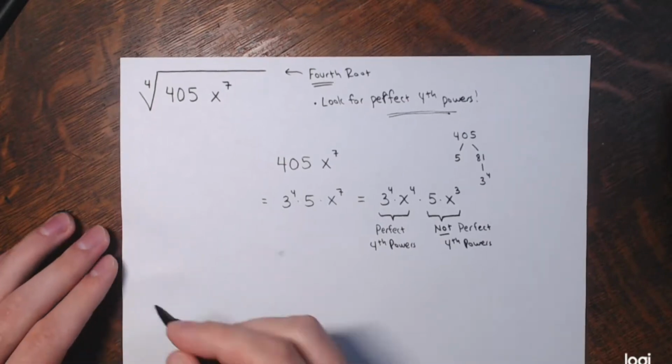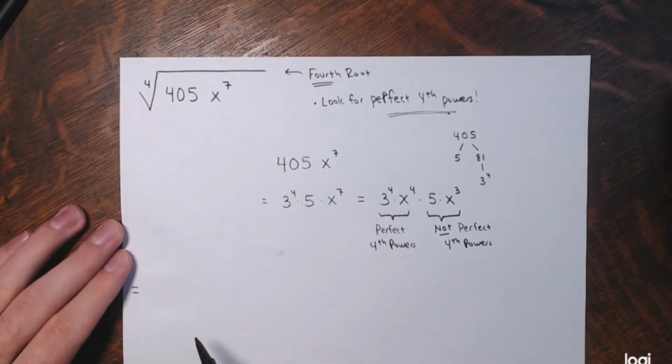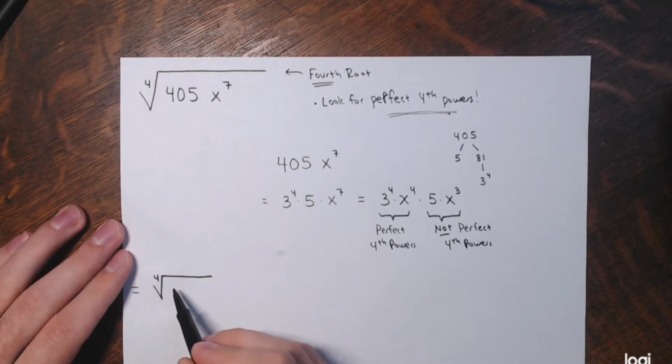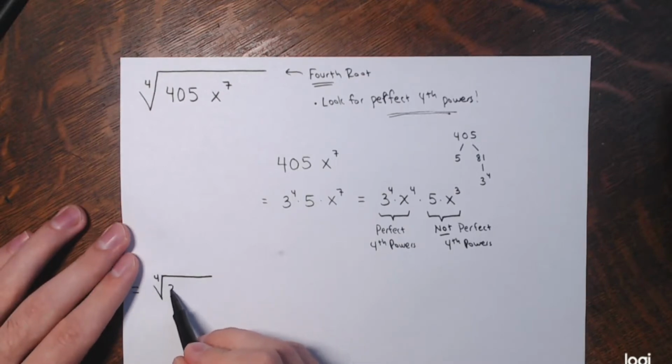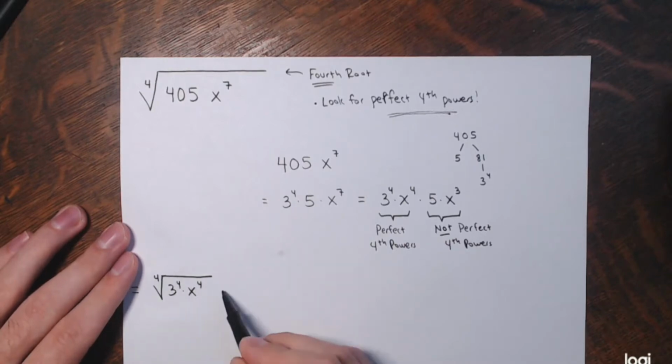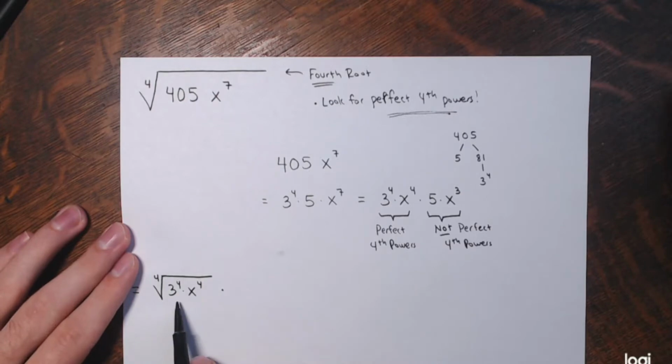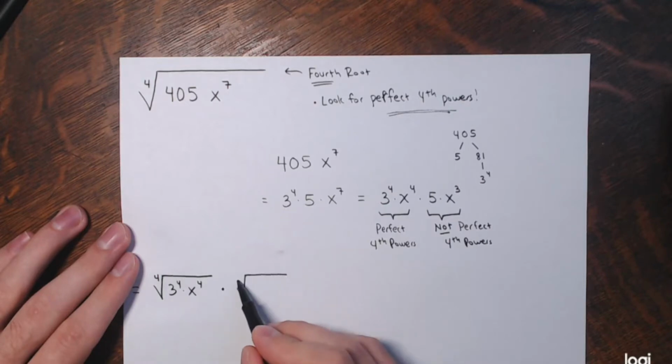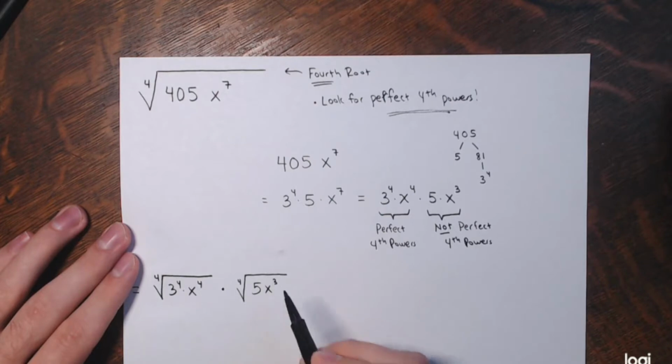Then I can use the product property. This would be the fourth root of 3 to the fourth times x to the fourth, I put my perfect fourth powers in one radical, times the fourth root of 5x cubed in the other one.